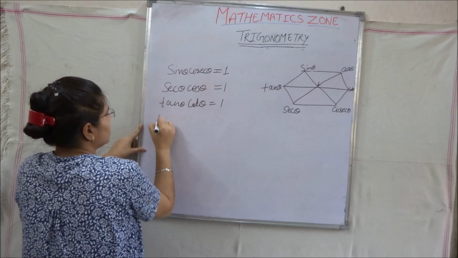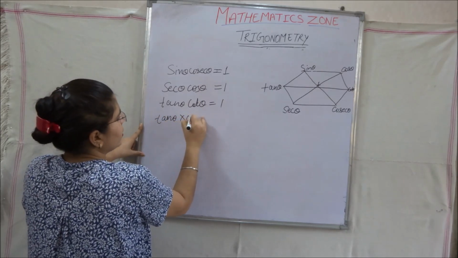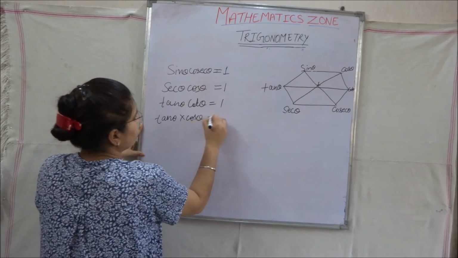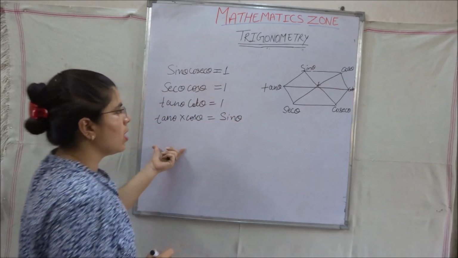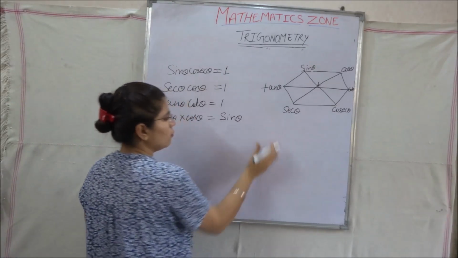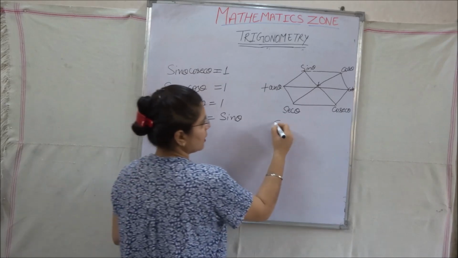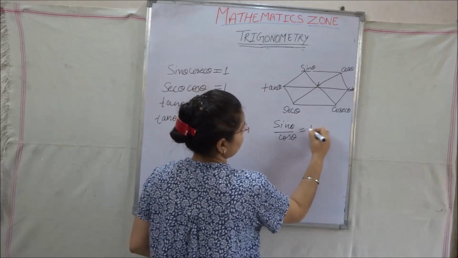Let us start. Now tan theta multiplied by cos theta will be equal to sin theta. Now how is it possible? Let us prove it. First of all, we had done the previous formula that sin theta upon cos theta is equal to tan theta.